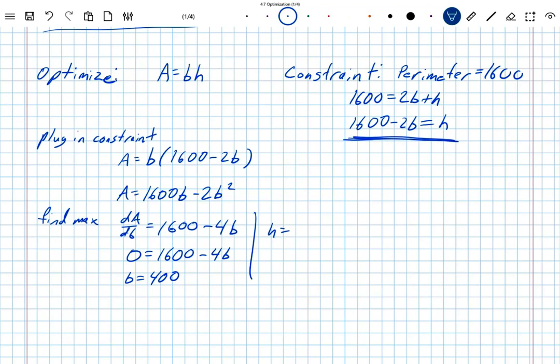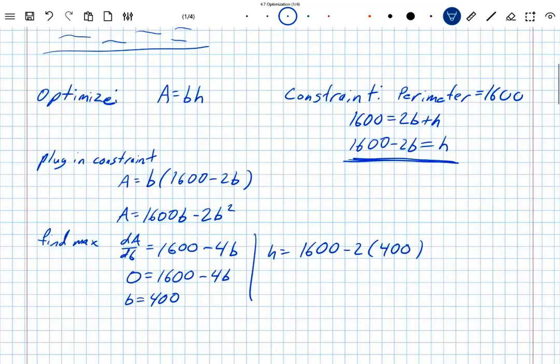So h is going to be 1600 minus 2 times, well, I know what b is now, 400. That is going to be 1600 minus 2 times 400, which is 1600 minus 800, which is equal to 800.